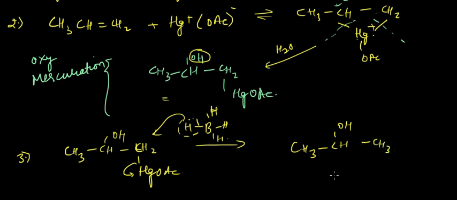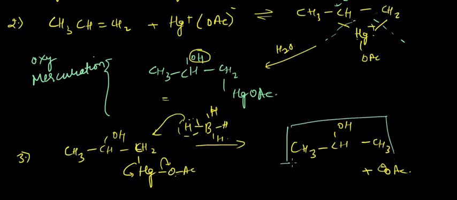Obviously this will take the bond electrons away from it, and the OAc will take the bond electrons from the mercury, so we'll get OAc- afterwards. And the final product is according to Markovnikov rule, without rearrangement.